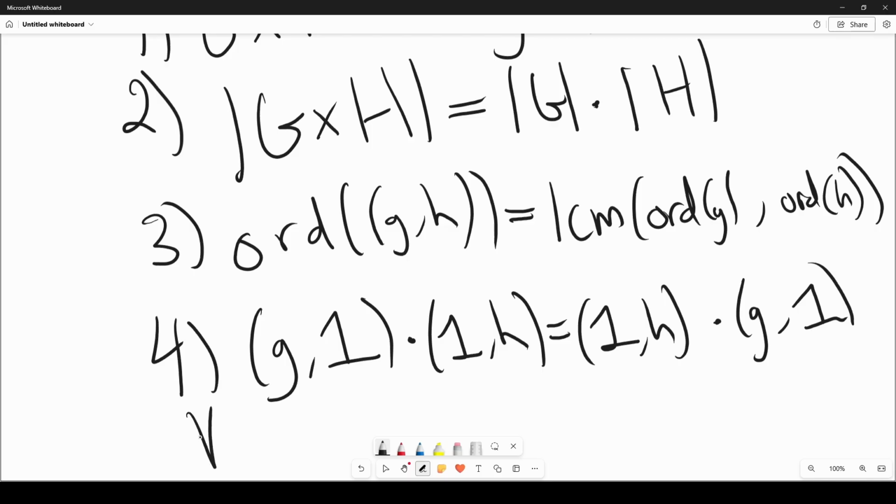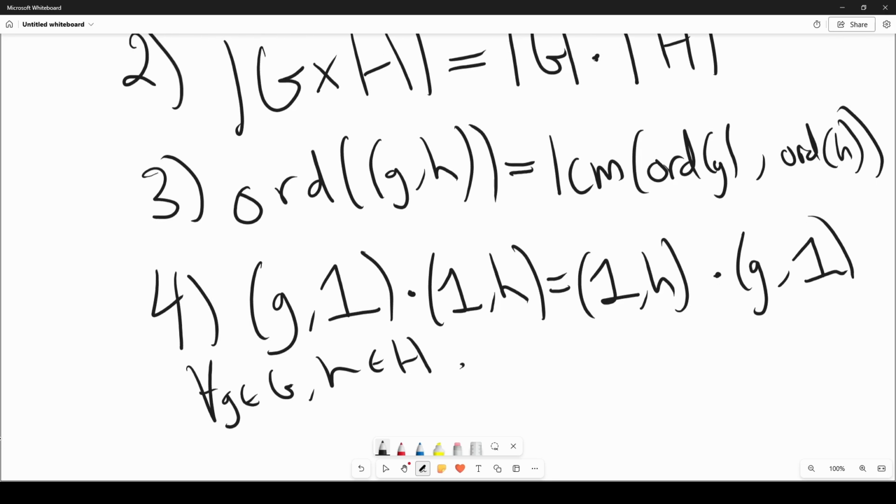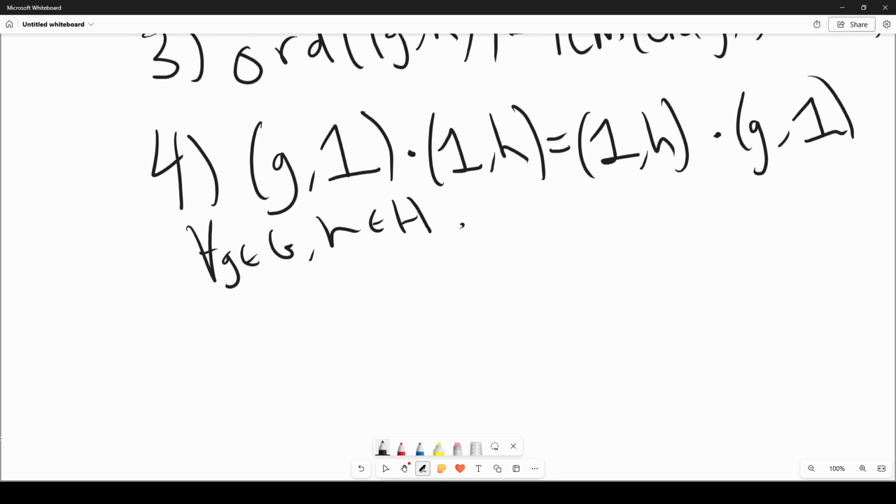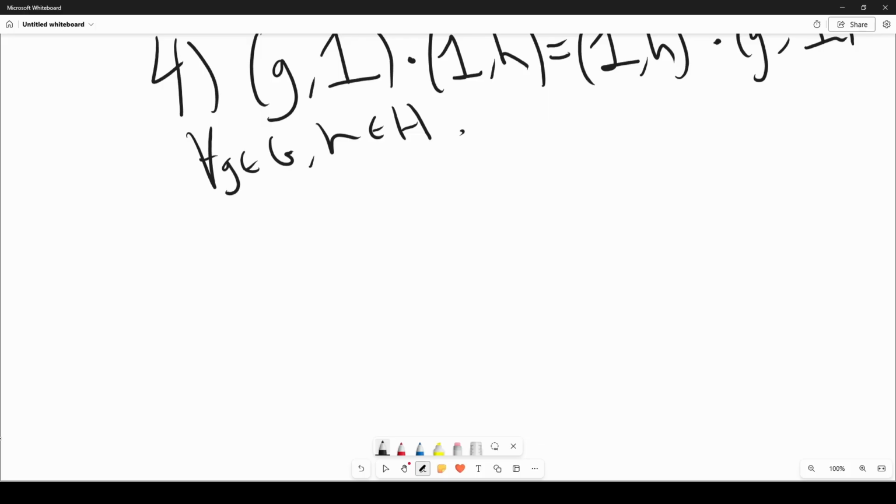And this is true for all g in G and h in H. So you can think of this as basically like if you set one of the things to the identity, then it commutes, where in this case you set the G element to the identity and h can be anything. This is pretty clear, and this will come up to be more helpful later in this video.